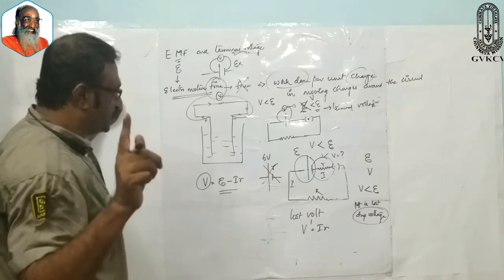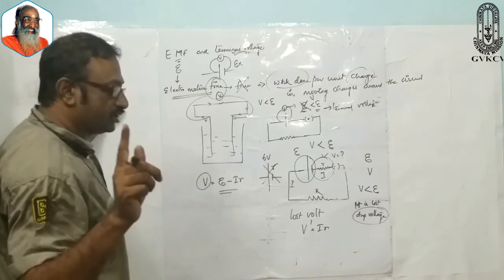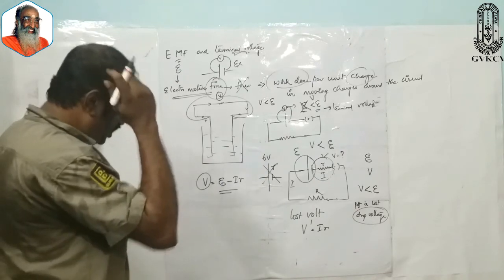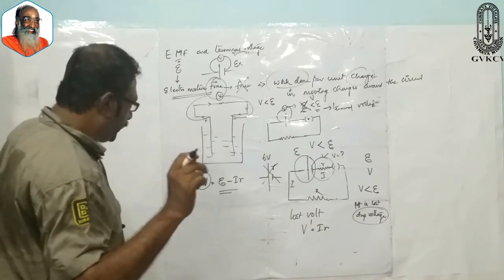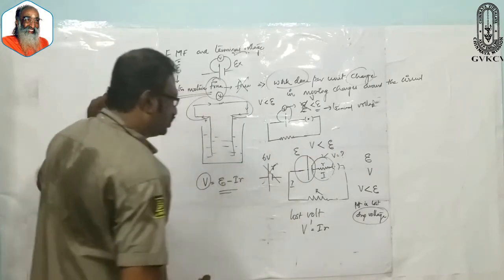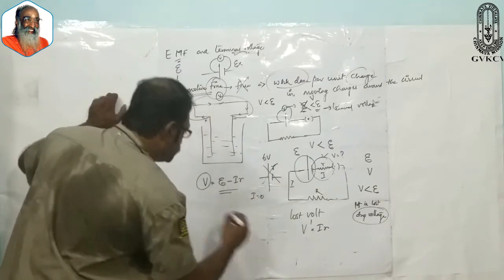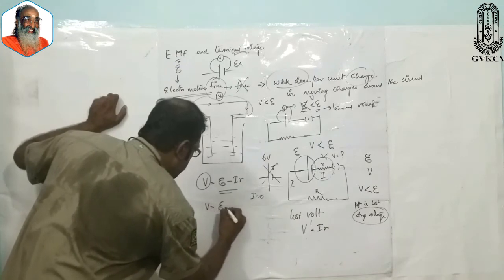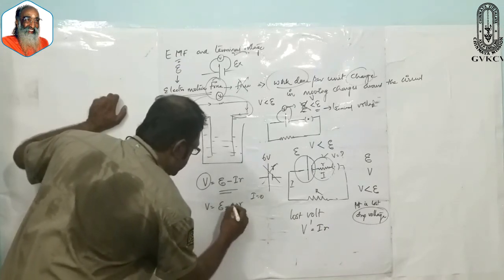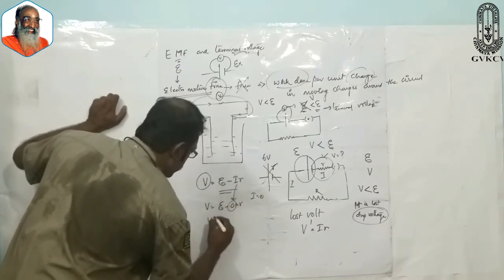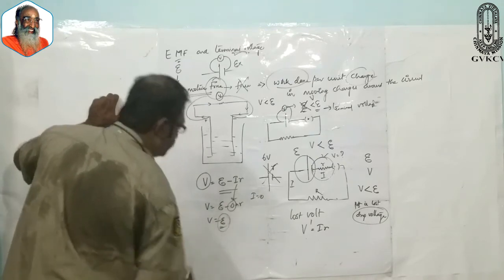Now in the open circuit, what is I? I is 0. If I is 0, what happens to this expression? 0 into r becomes 0. So V is equal to E. So this is the maximum. By this you can understand what the terminal voltage is.